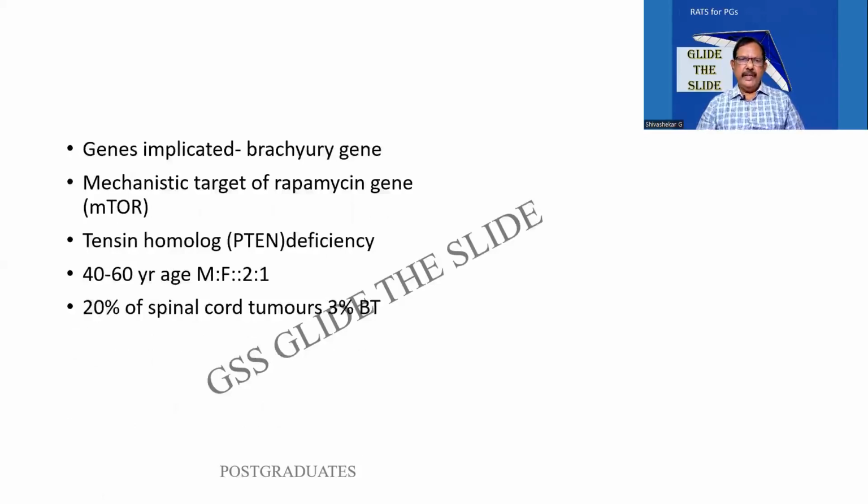The genes implicated are the brachyury gene, mechanistic target of rapamycin gene, mTOR, and PTEN (phosphatase and tensin homolog) deficiency. Usually it occurs at 40 to 60 years of age, and the male-female ratio is 2:1. 20% of the spinal tumors are constituted by this, and 3% of malignant bone tumors.